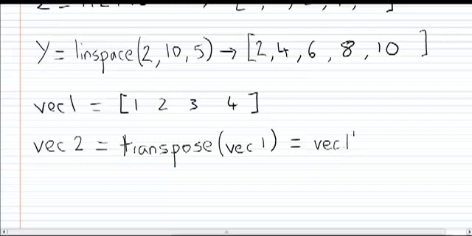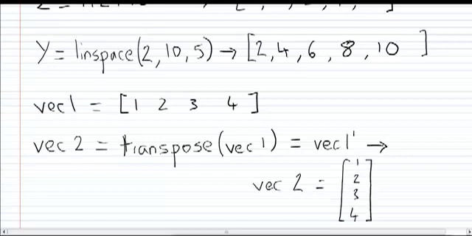Both of these, if you type that into MATLAB, would give you that vec2 is now a column vector, 1, 2, 3, 4. Similarly, if we wanted to convert vec2 back into a row vector, we could use that transpose function again.